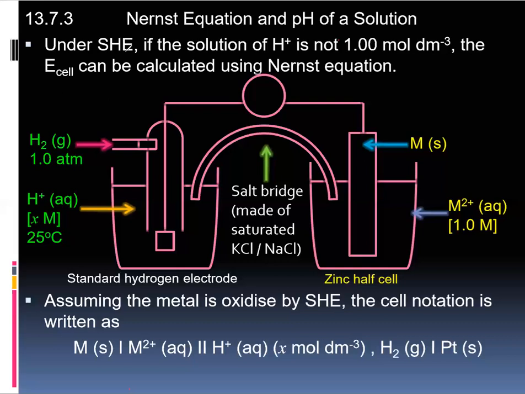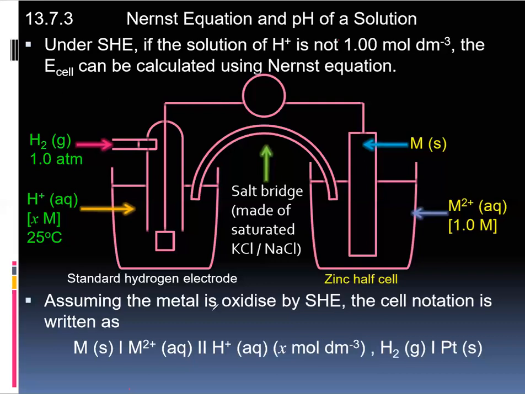We said that before in the previous class. But what if the concentration of the hydrogen ion is not 1 mole per dm³? Then we have to use our Nernst equation to calculate our E cell, that is the electric potential of the cell.